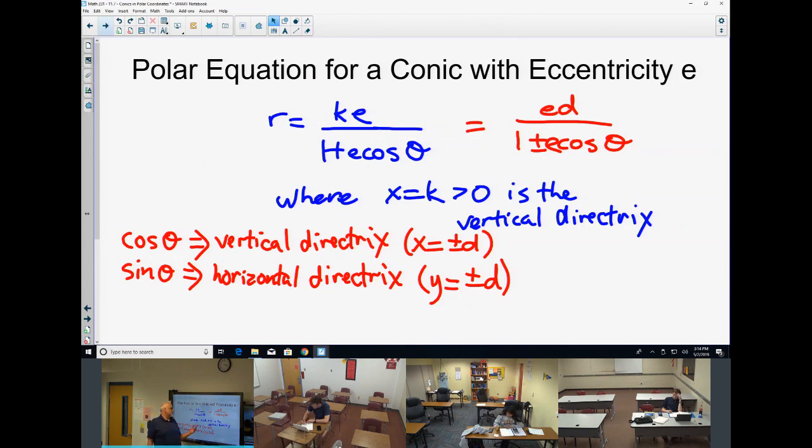Instead of k, I use d. So if you have a cosine in the equation, then you end up with a vertical directrix, and it's x equals plus or minus d. If you have a sine theta, that gives you a horizontal directrix, and it's y equals plus or minus d.